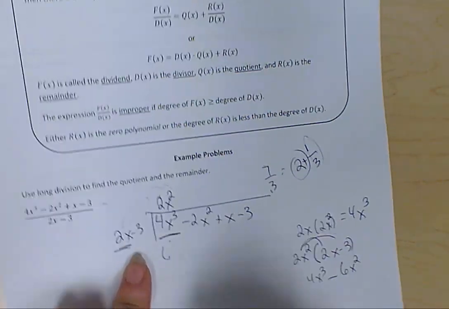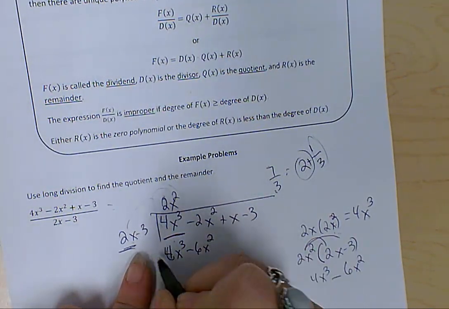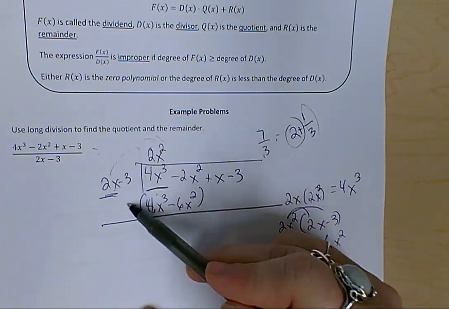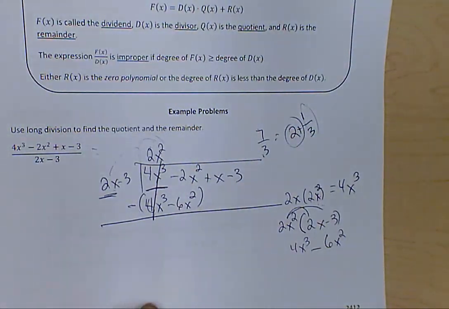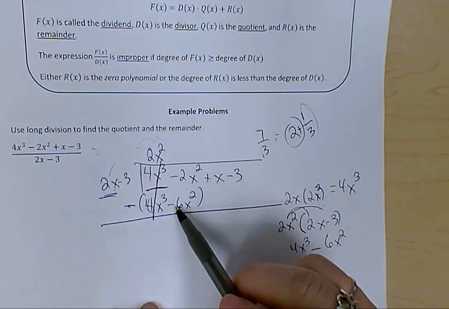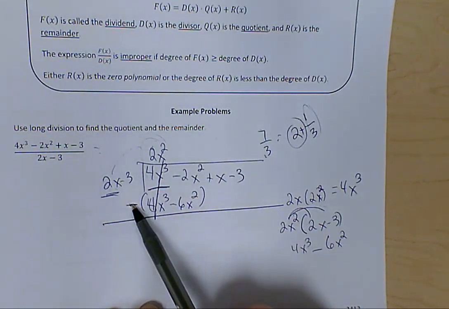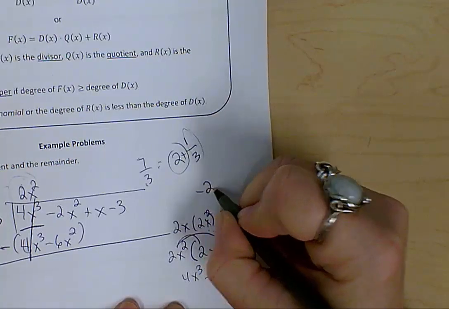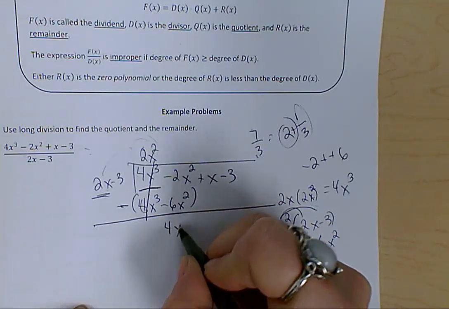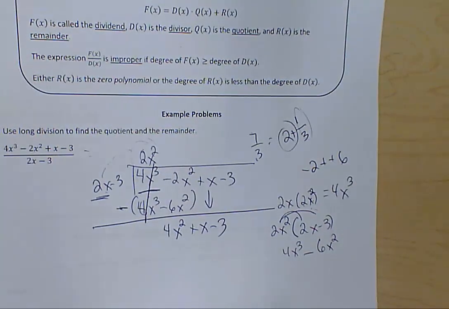We bring that down here: 4x cubed minus 6x squared, and we are going to subtract that away. 4x cubed minus 4x cubed is 0. Negative 2x squared minus negative 6x squared. Be careful with your signs here. Negative 2 minus a negative 6, the double negative rule makes that a positive 4x squared. Drop down your plus x minus 3.